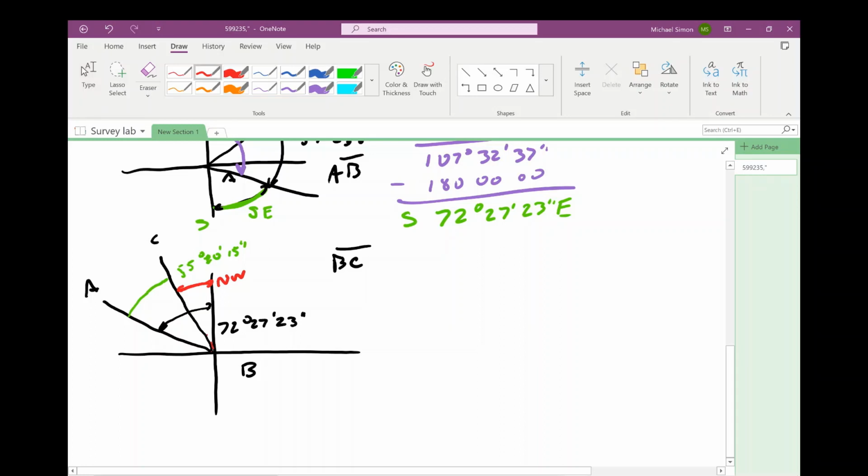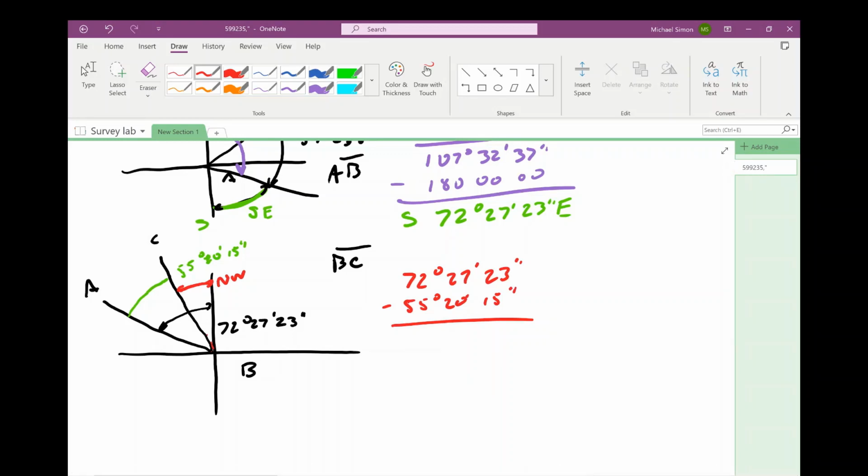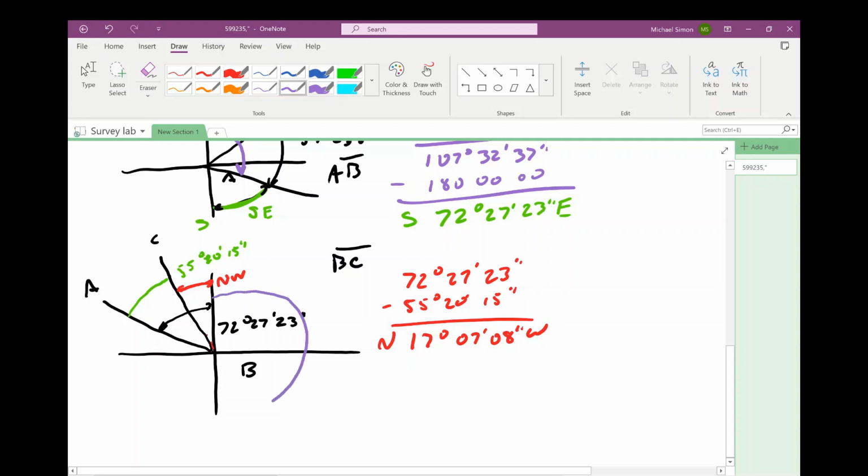So we're subtracting one from the other. So 72, 27, 23 minus 55, 20, 15 will be 17 degrees, 07 minutes, 08 seconds northwest. Make sure you put the 0708 in. My azimuth is taken from north, clockwise around, so I can subtract that from 360.